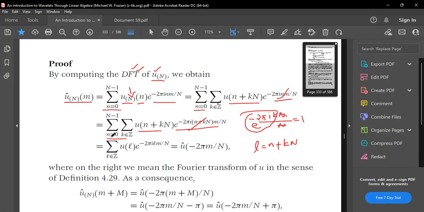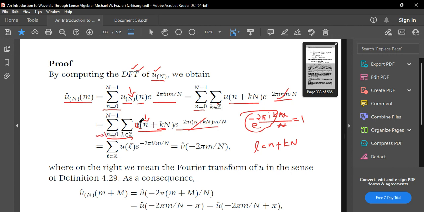So for n equal to 0, first you initially take it. What will we get? The summation k belonging to Z of u of 0 plus kN, k times N, and e raised to minus 2 pi i k N m by N. That is, the kth multiple components will appear here in u. So what if n is equal to 1 here?